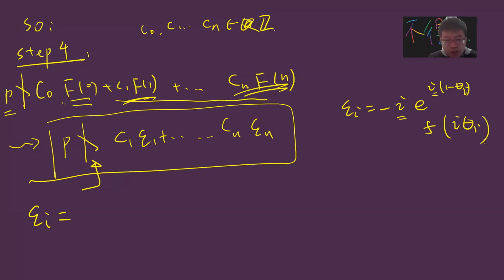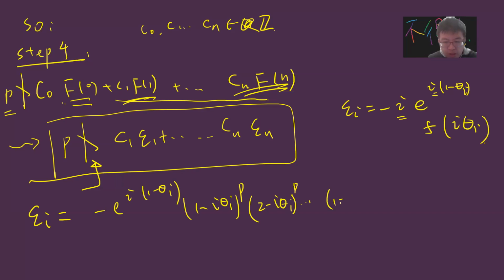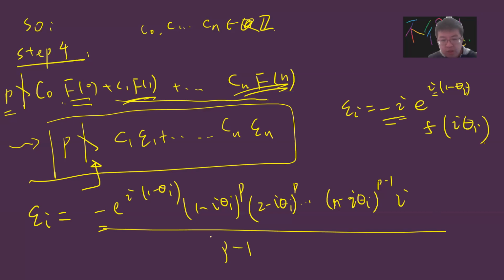So we just plug it in, and we get 1 minus theta i to the p, and 2 minus theta i to the p up to n minus i theta i to the p minus 1. And then there's an i here and a negative i, and the exponential divided by p minus 1 factorial.